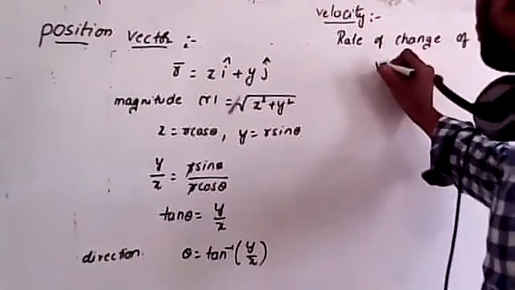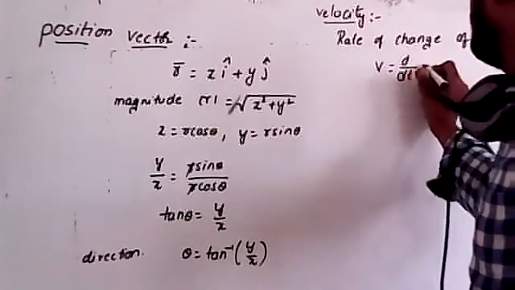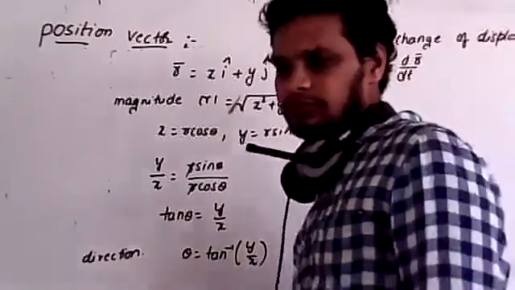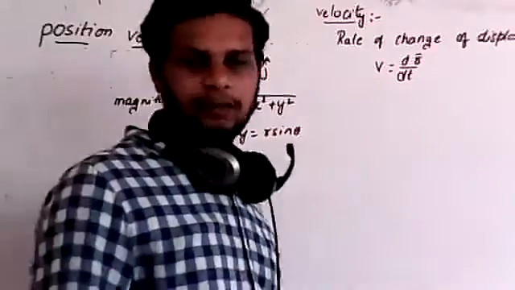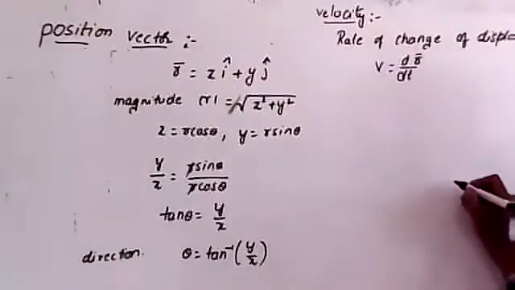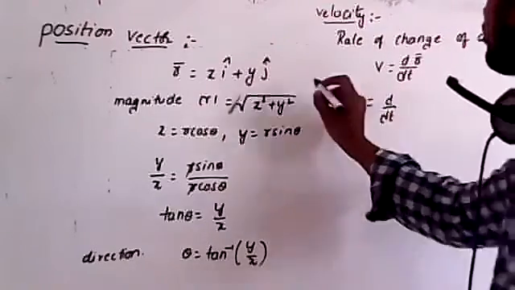Now that can be taken as v is equal to d by dt of r bar, where r bar is the position vector. Now, velocity v is equal to d by dt of what is the r bar value?